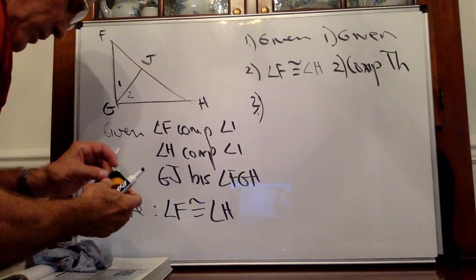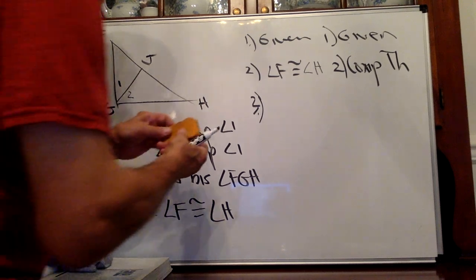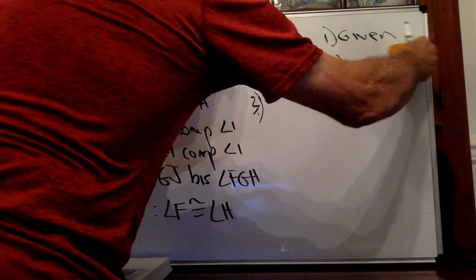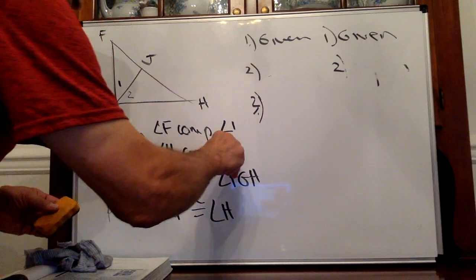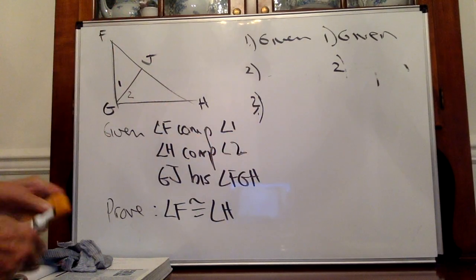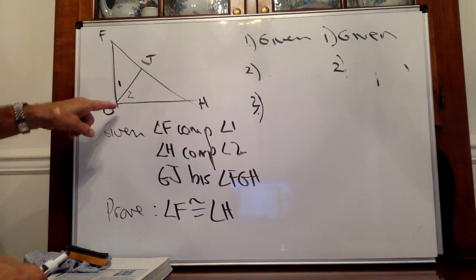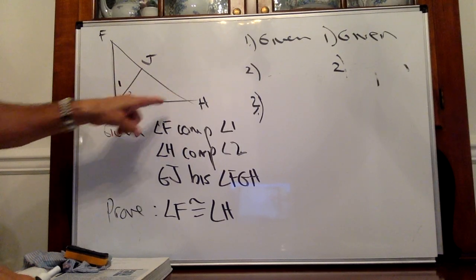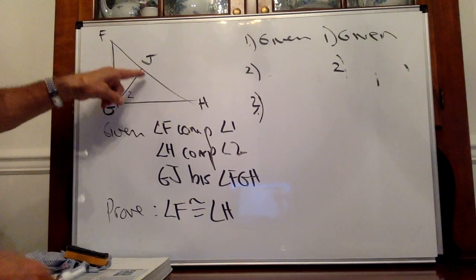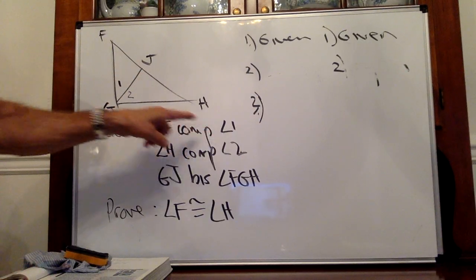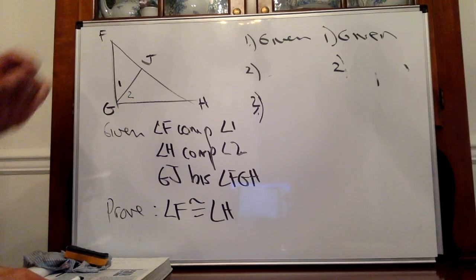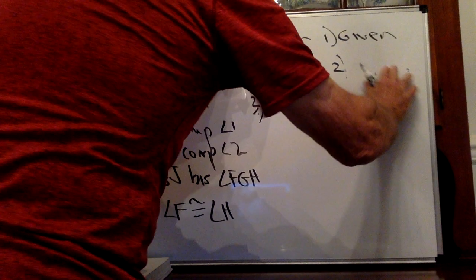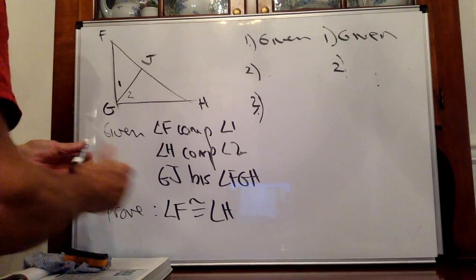I gave you the wrong given. It said that angle H is the complement of HGJ. So angle F is a complement of 1. Angle H is the complement of 2. Okay, so that adds a step or 2.